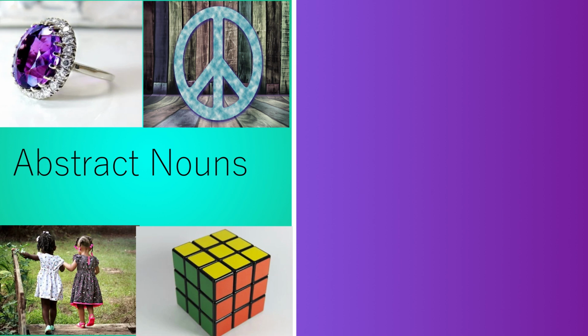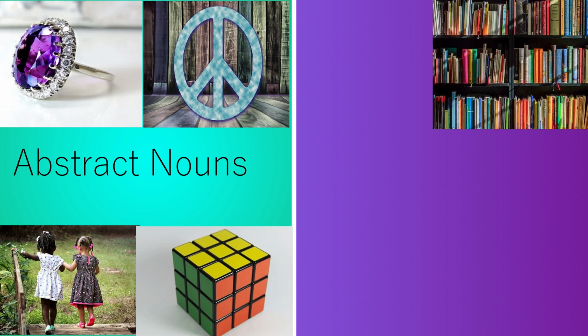Moving on to abstract nouns and concrete nouns. Let's begin with abstract nouns. An abstract noun is a noun that is not physical. It describes something that might or might not be real. They are feelings, ideals, concepts, and qualities, such as beauty, friendship, compassion, bravery, intelligence, hatred, and many more.